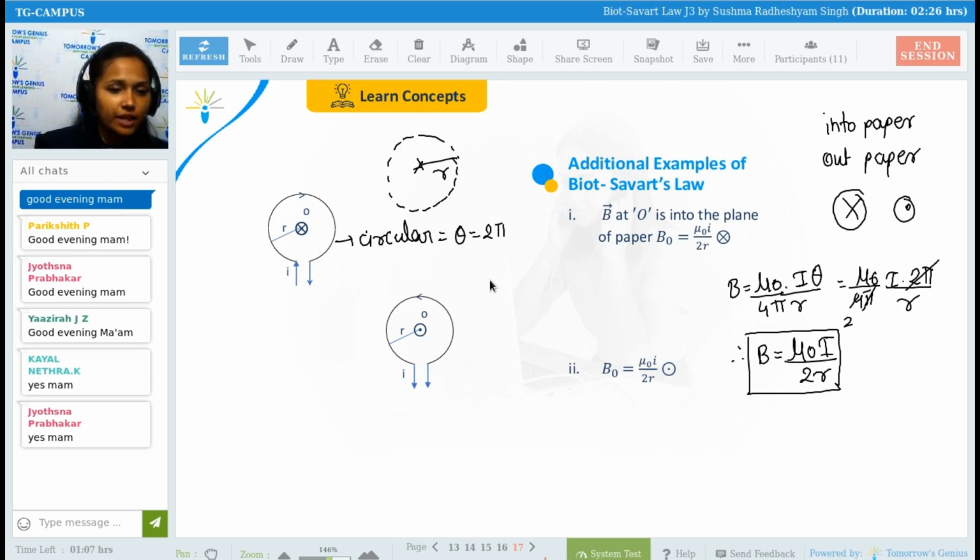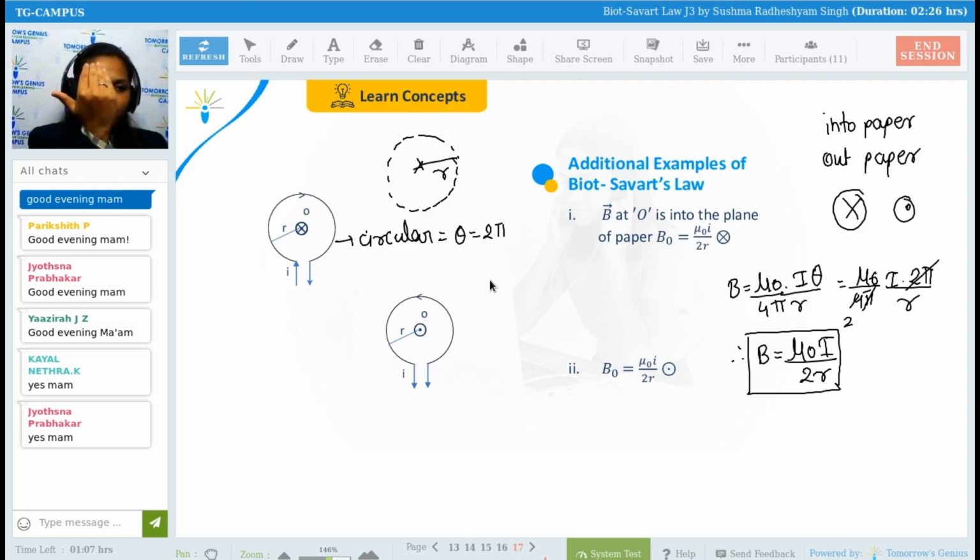Okay. Now see, in the first diagram, you see your fingers curl like this, because the arrow shows in that direction. So your magnetic field is like this, right? And for the second one, your arrow is showing in this direction. Am I right? So in that one it is out of the paper, that means coming out, and the first one is into the paper, going inside. Clear? I know from my side, my left is your right. So consider like that.